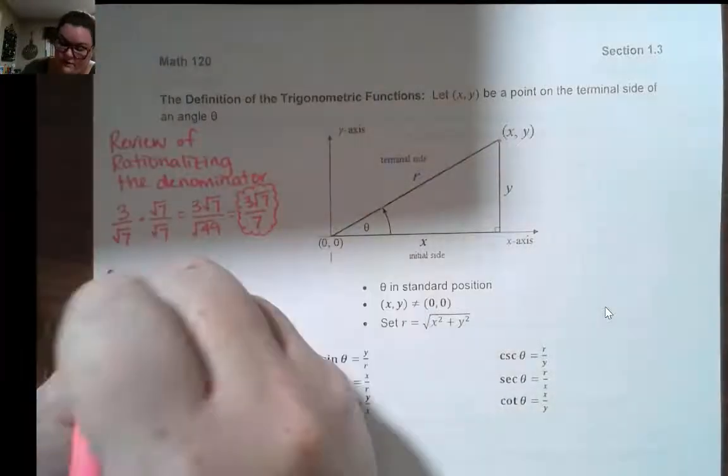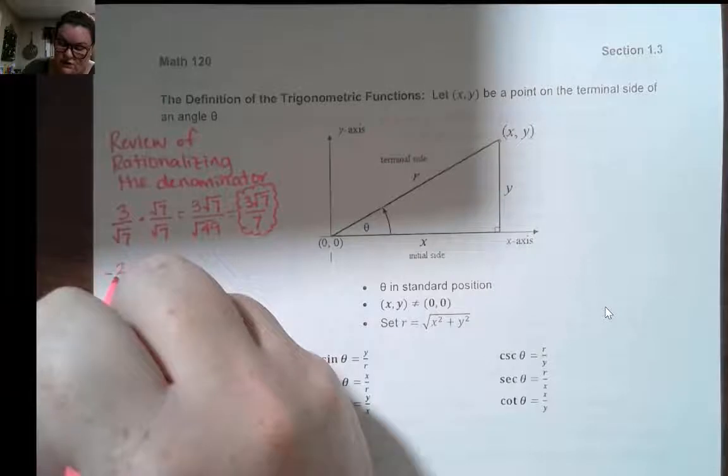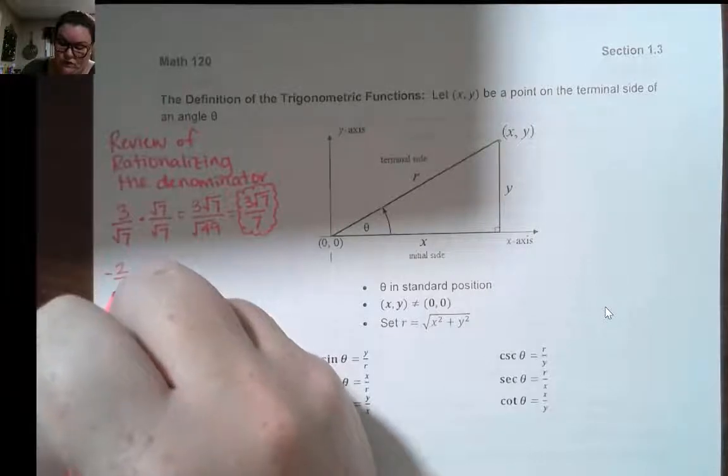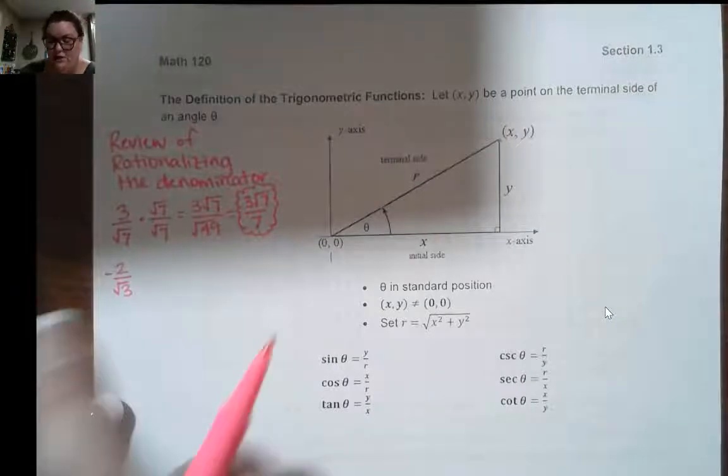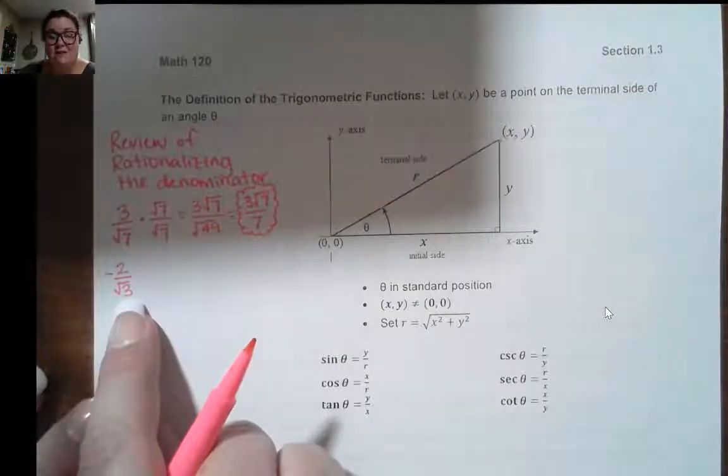Let's say your answer was -2 over the square root of 3. Again, you just want to make that radical a perfect square so that it basically simplifies away. Instead of a square root of 3, the closest perfect square we can get is 9.